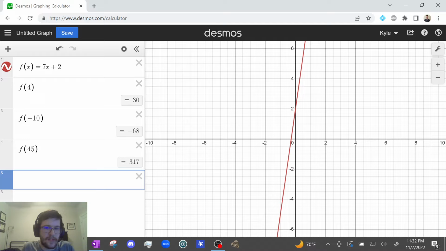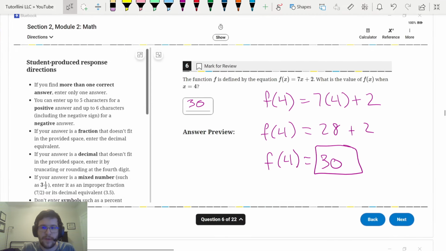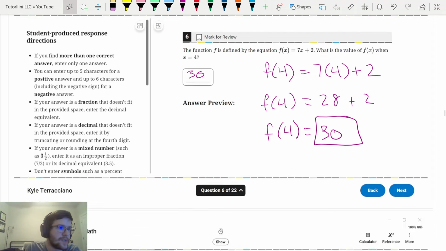So anyway, you see f of 4 is 30. So that's the answer. It could do the work for you, especially if you had a longer, messier expression with a lot of negative signs and exponents. It might be easier to just type it in instead of doing it by hand. This one was pretty straightforward. You probably want to just do this one by hand, or just in your physical calculator. Okay, great. So 6 is 30. Good.